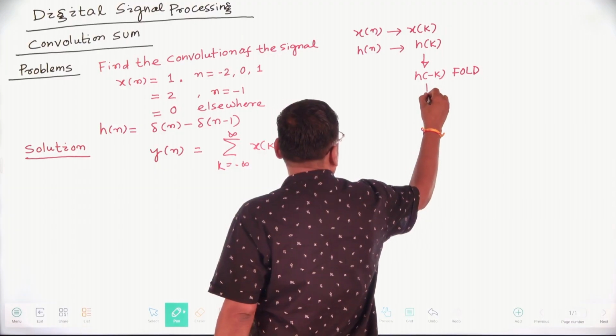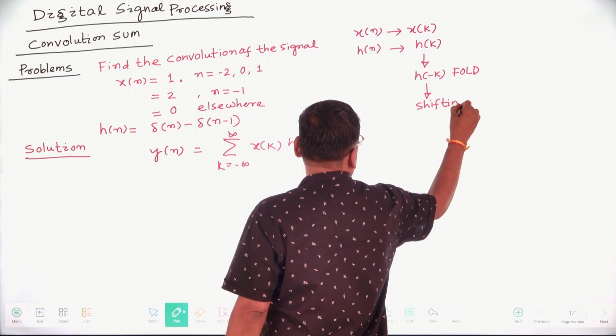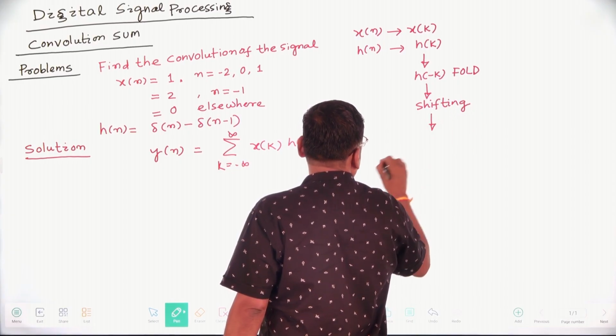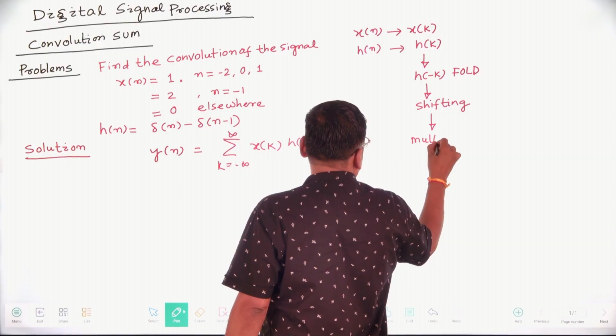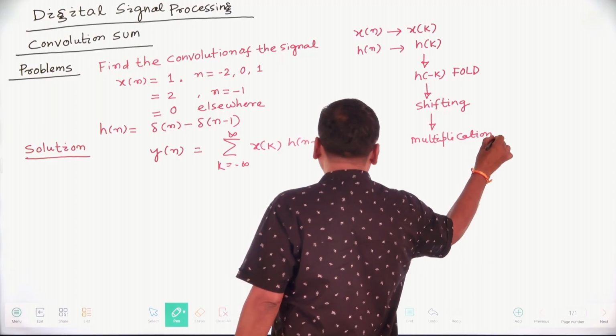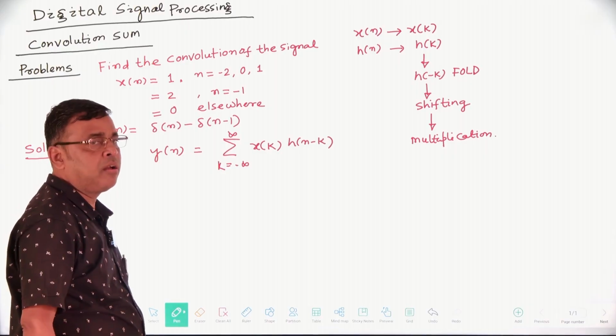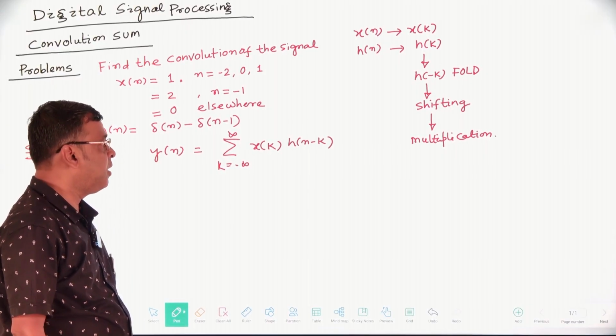Then after folding, shifting. Then after shifting, multiplication. In this way, for each sample, we have to calculate the response or output of the signal, that is y of n.